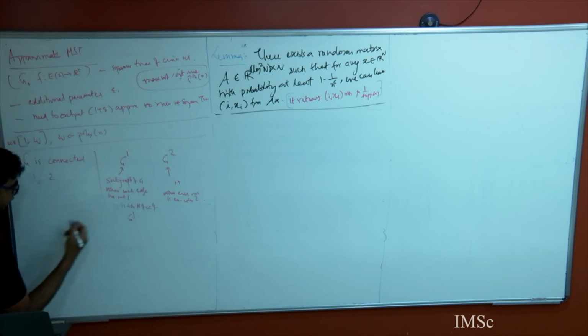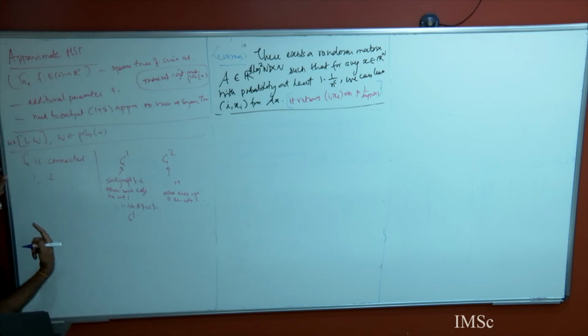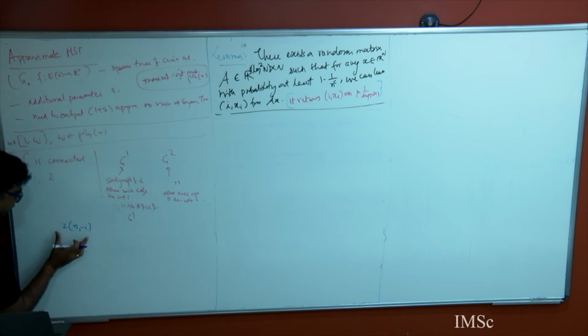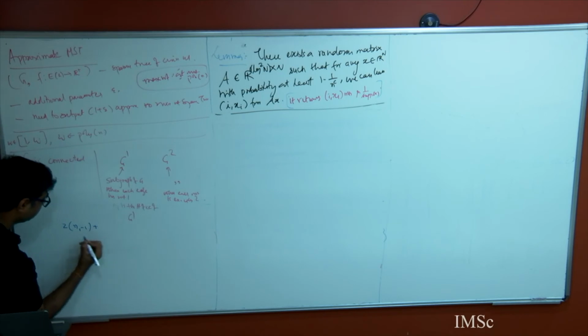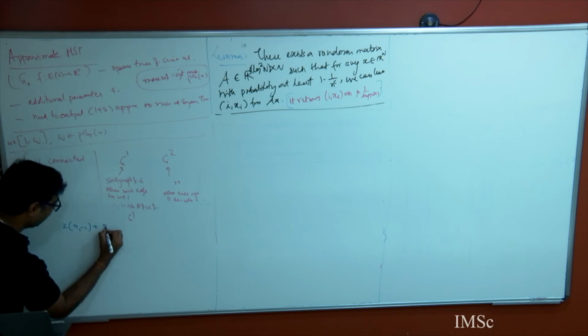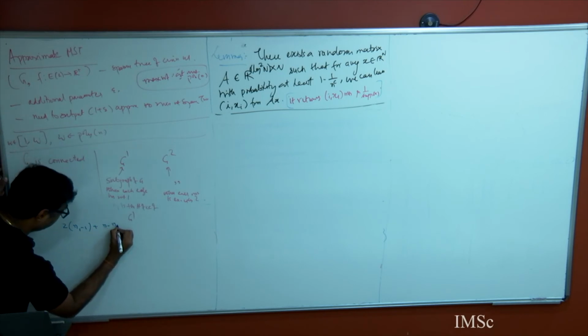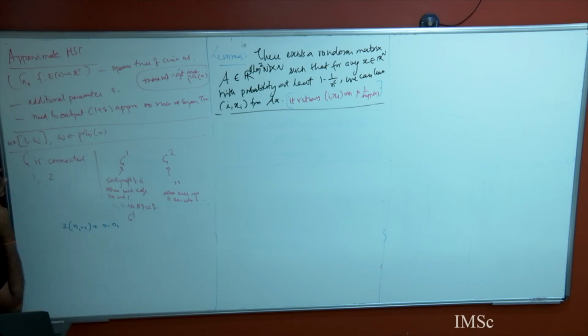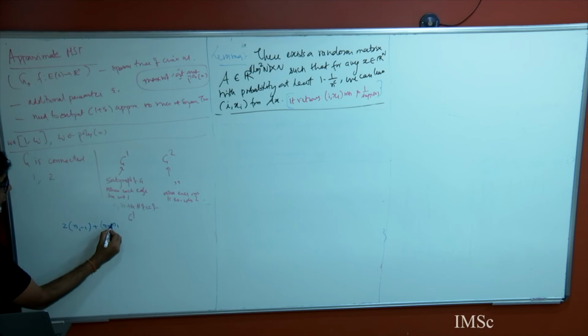Right? So then the minimum weight spanning tree will be 2 times n1 minus 1, this is the number of edges of weight 2 which we have added, plus n minus n1. Do we need minus 1 also? No, minus the number of connected components. No, that's n1. Yeah, so n minus n1.